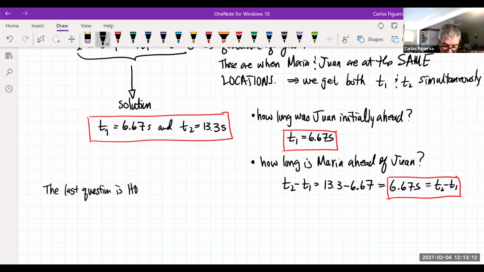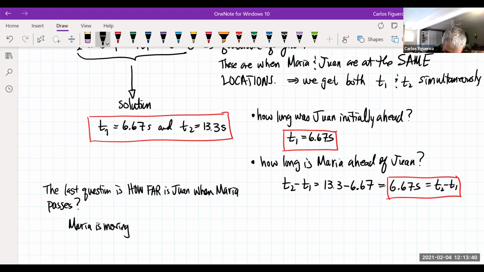Then we ask the last question: how long, or how far, right? How far is Juan when Maria passes? So we're really asking for a distance here. We know that Maria is moving with acceleration equal to 0.